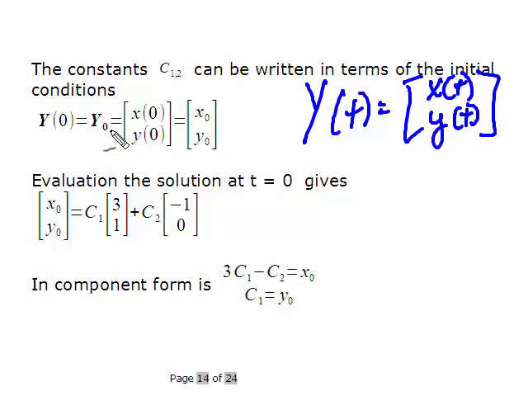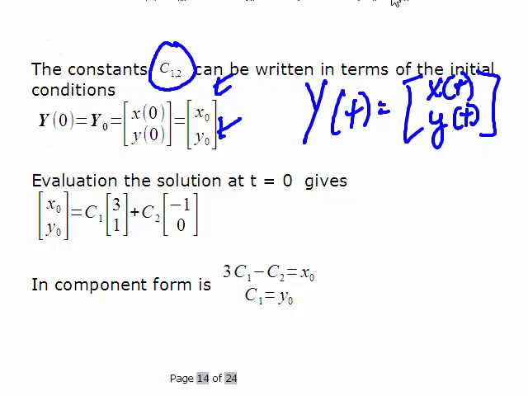So at time t equals 0, we can say that x at 0 is x naught, y at 0 is y naught. And we would like to have C1 and C2 written in terms of them, so that every time we have a new initial condition, all we have to do is substitute. We don't have to go back and evaluate C1 and C2 over and over again.